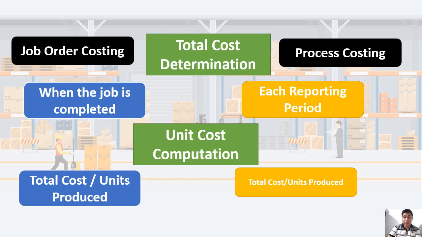Kasi at the end of the day, meron pong natitirang units doon sa ating work in process inventory na hindi natin natatransfer doon sa kabilang department. So, because of that, under process costing, instead of using units produced as is, which is yung ginagamit natin sa job order, gumagamit po tayo ng ibang terminology, which is the equivalent unit of production. So, i-discuss natin yan sa next slide.